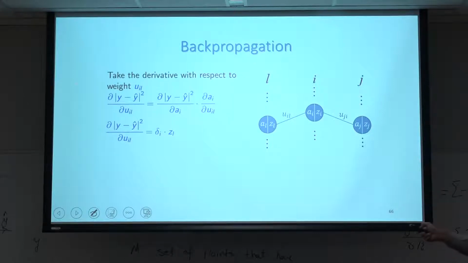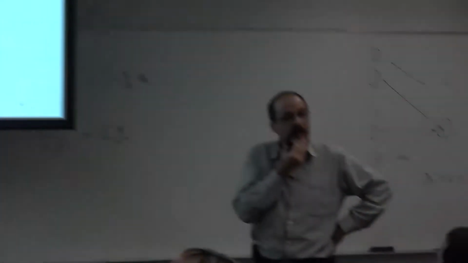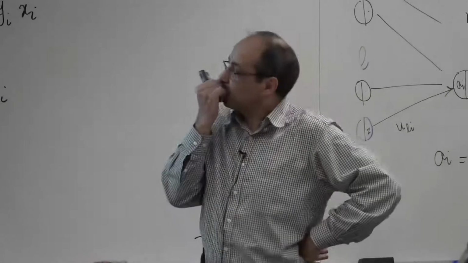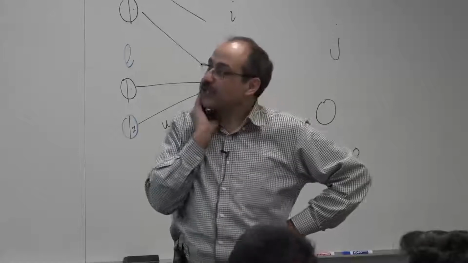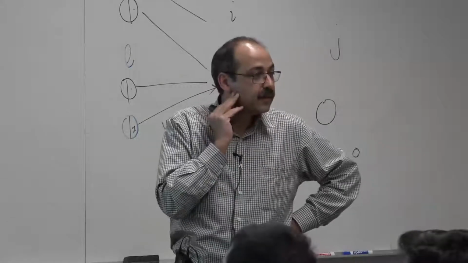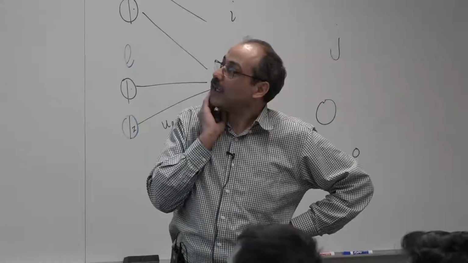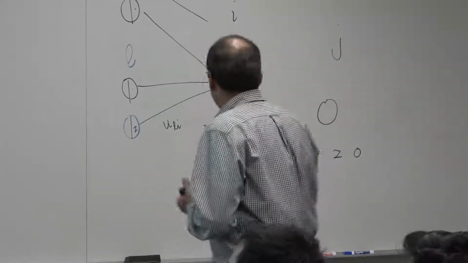Now I have problem with this delta I, so I have to compute this delta I somehow. So delta I is derivative of the cost function with respect to AI, which was hard to compute. Okay. Now, any suggestion now how to approach this? Use chain rule again on ZI. Okay.